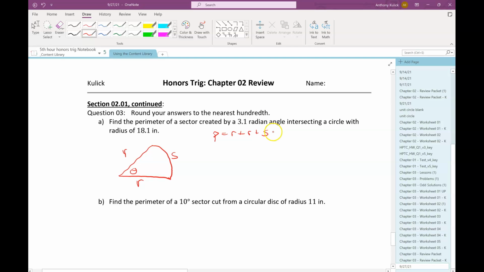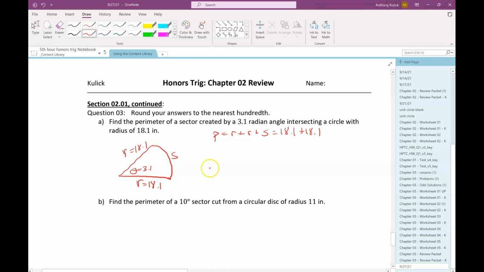The R we know is 18.1. The theta we know is 3.1.